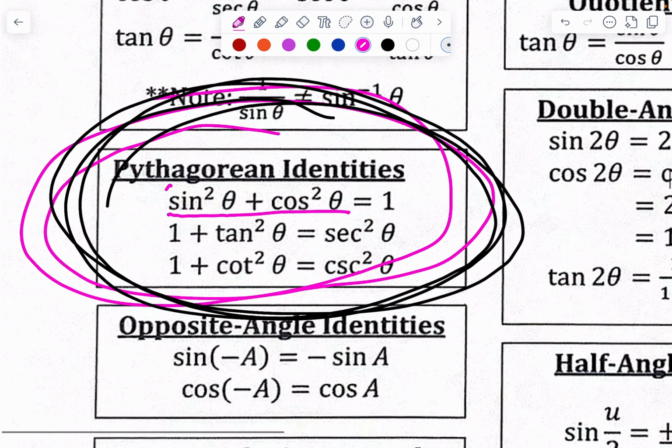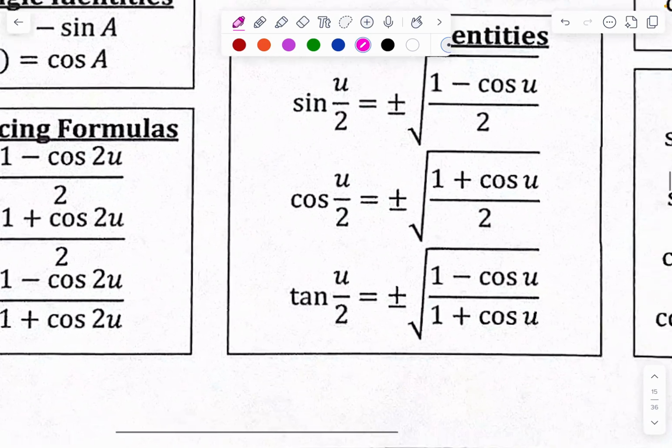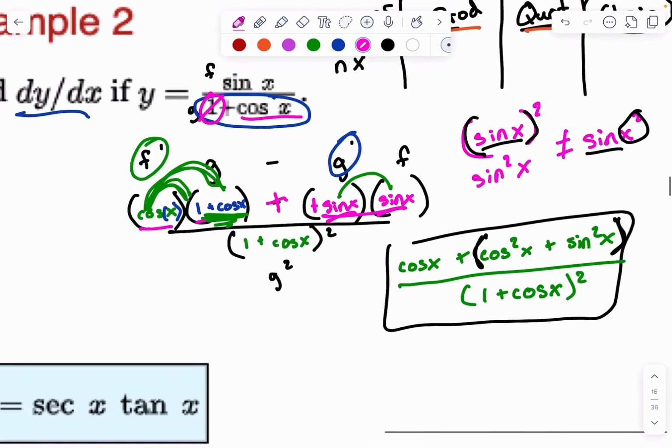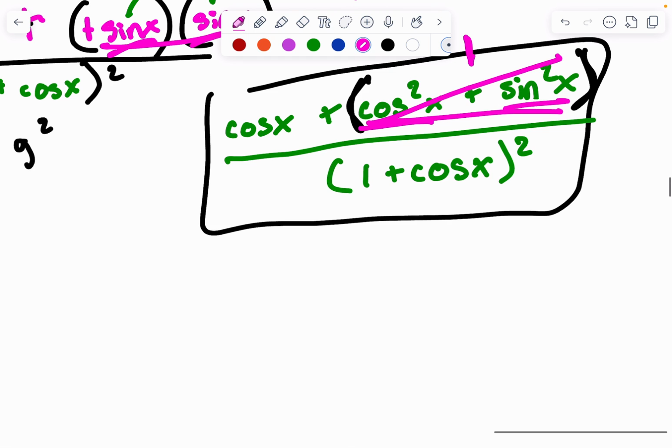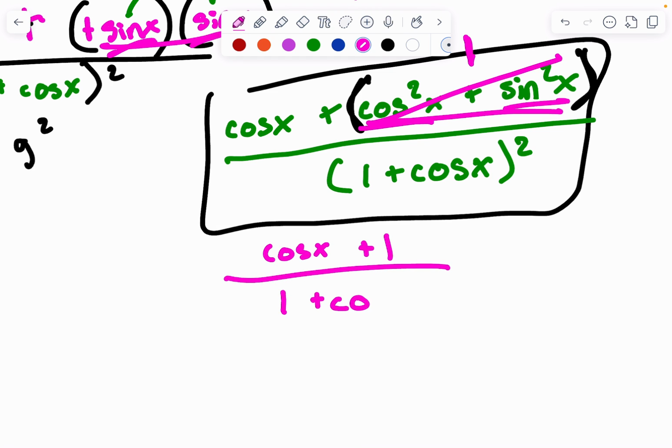Sine squared plus cosine squared equals 1. If that is true, then down here when I go to simplify, sine squared plus cosine squared is equal to 1, which is kind of funny. Now I have cosine x plus 1 over 1 plus cosine x squared. These two things are the same thing.